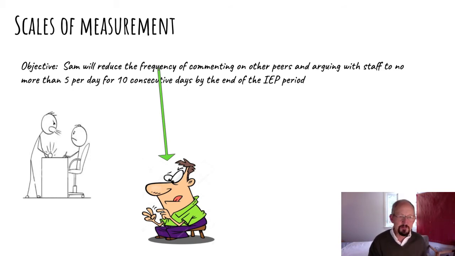But if this child is perpetually commenting on others, every time somebody opens their mouth, they're like, hey, why'd you say that? Or don't do that, or that was stupid, or whatever they're saying, appropriate, inappropriate, that count could get up into the hundreds. And that would be physically impossible for any teacher or paraprofessional to be tracking in addition to all the other things that are going on in the classroom.